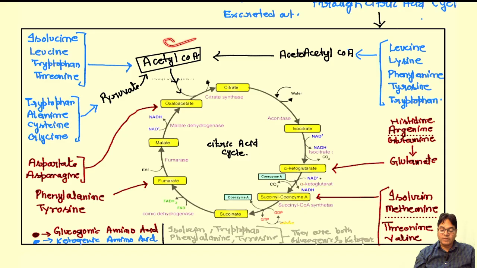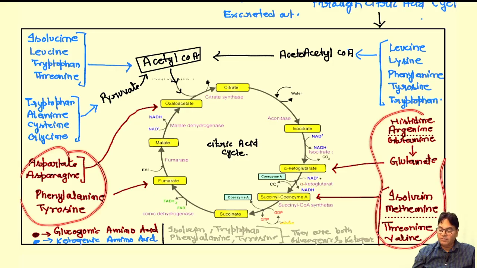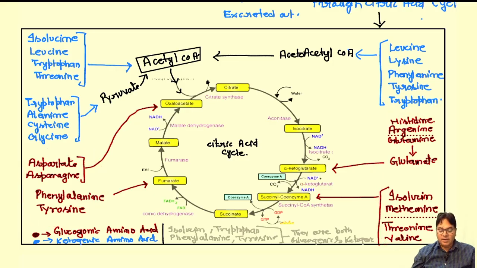They form acetyl coenzyme A, and then this acetyl coenzyme A enters the citric acid cycle. The amino acids marked in red are glucogenic amino acids. That means they enter directly into the different products of the citric acid cycle, and these are further catabolized into CO2 and water. So this is the fate of the catabolism of the different amino acids.